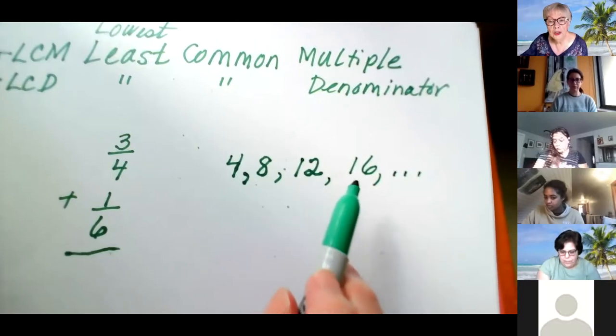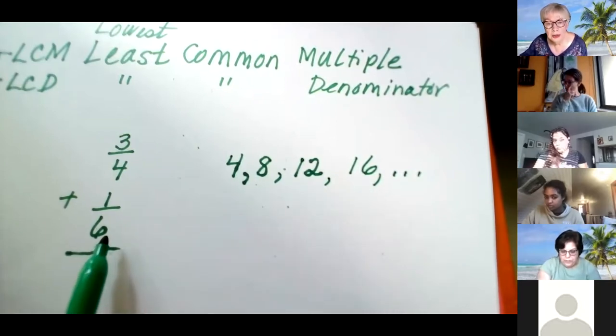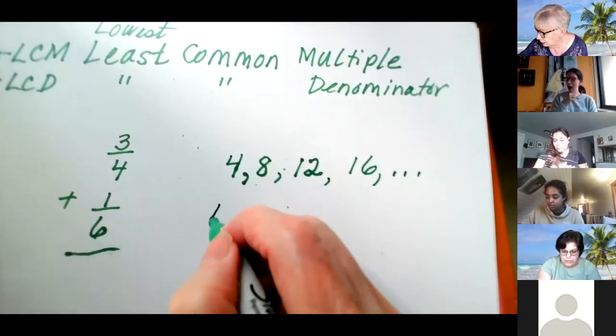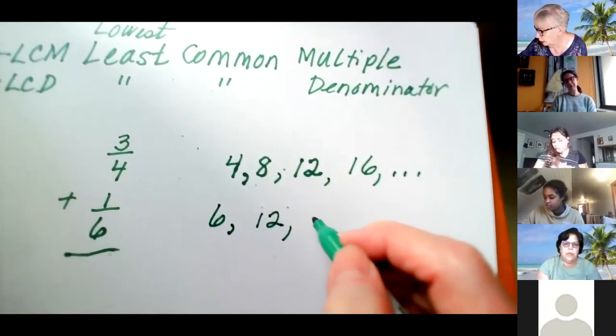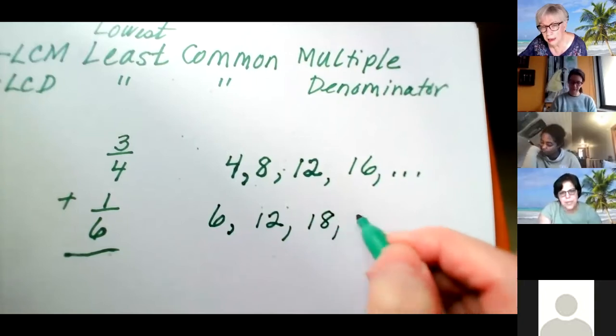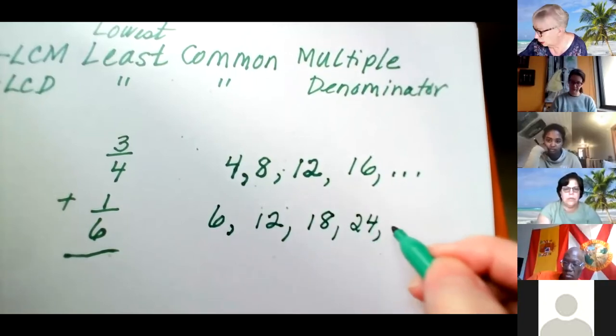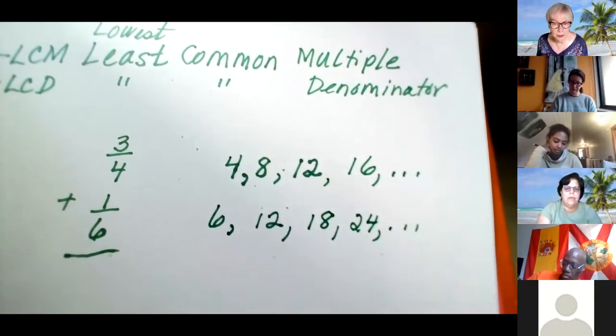So those are multiples of 4. Now I'm going to do multiples of 6. 6 times 1 is 6. 6 times 2 is 12. 6 times 3 is 18. And here's 24. I went further than I needed to.